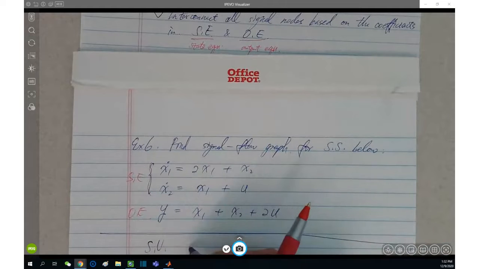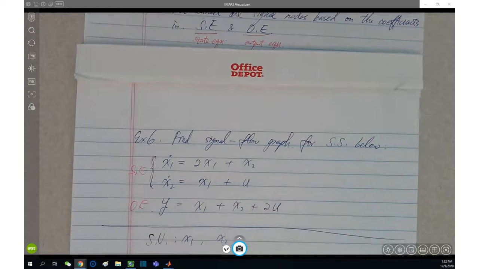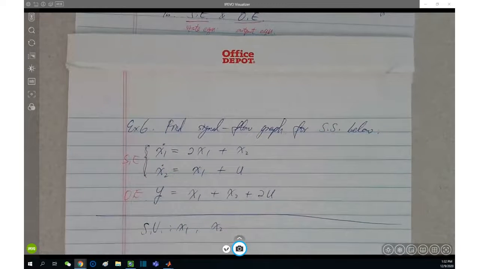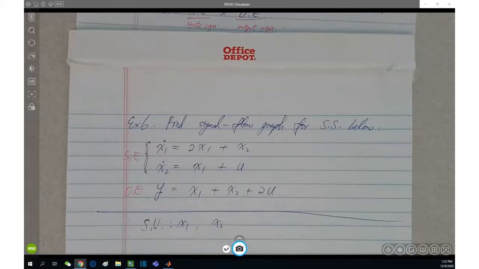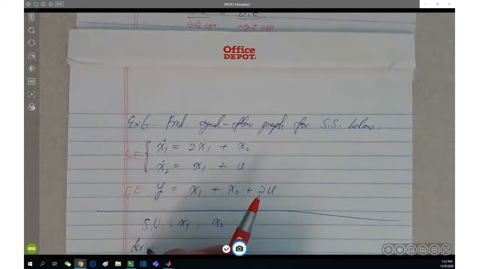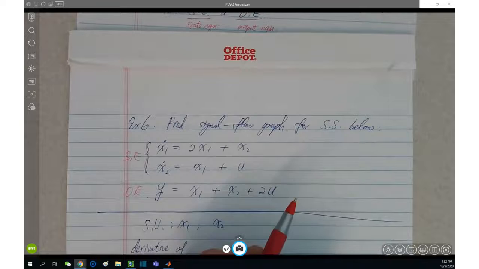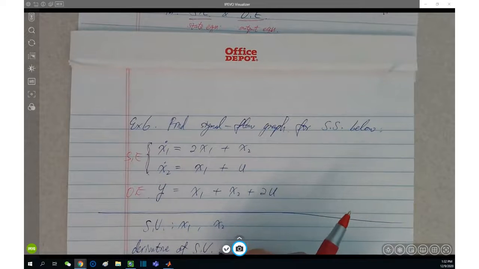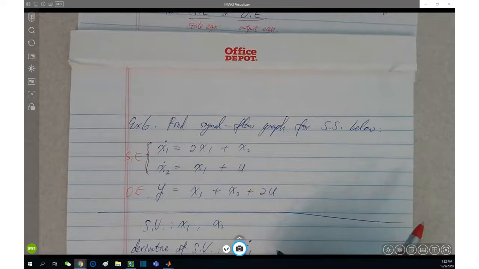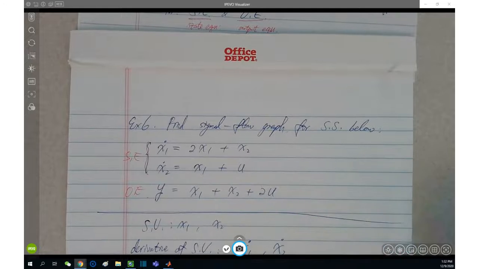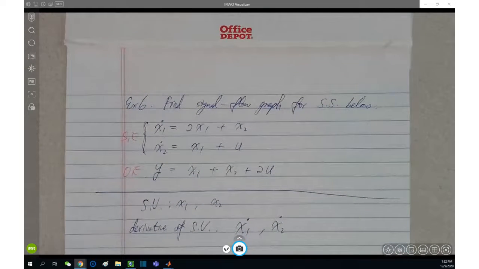State variables x1 and x2, right? Derivative of a state variable means obviously x1 dot and x2 dot. Does it make sense? You're going to place them onto our paper.